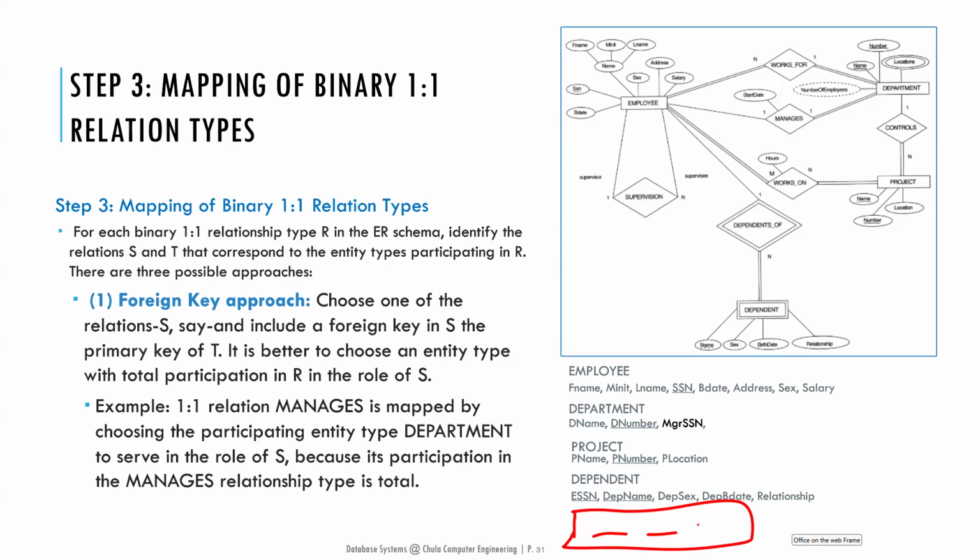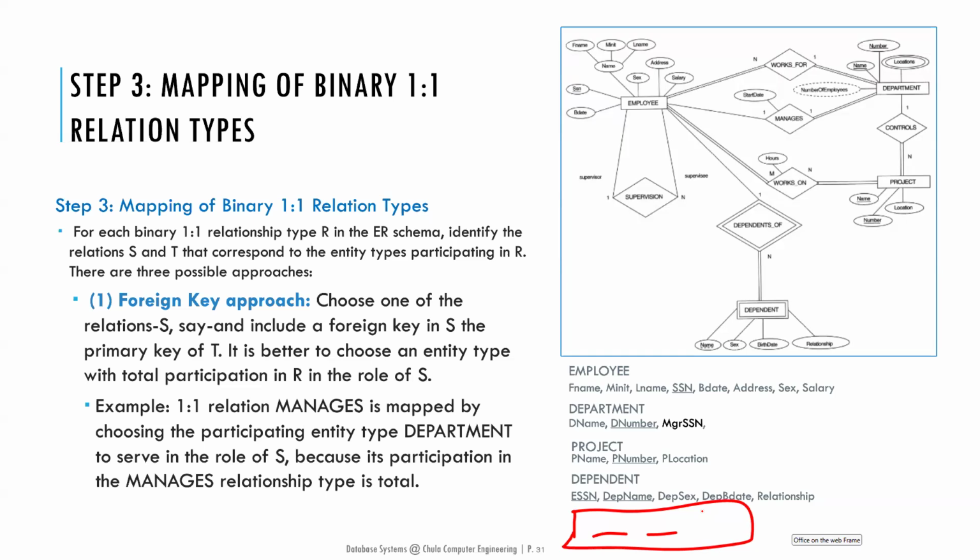You get it? Okay, let me repeat it again. The first approach is good when you have one side total, one side partial. So what you do is only fix on the total side and take the key from the partial side, put it in the total side, and then set the foreign key.